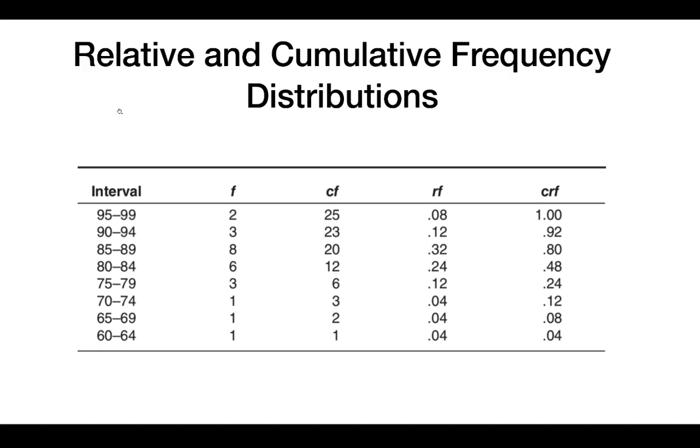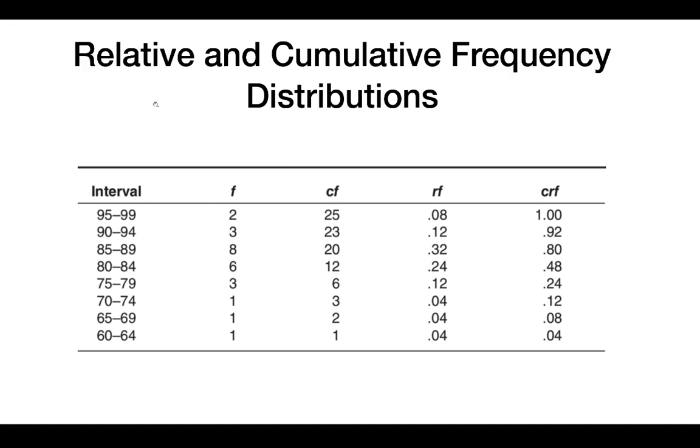So try to also recall how cumulative frequencies are computed. Basically, you will just be adding the frequency starting from the lowest group frequency distribution or class interval. The computation for the relative frequency is basically frequency over n.